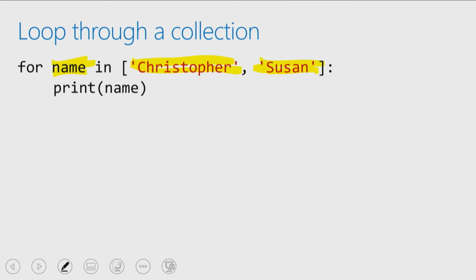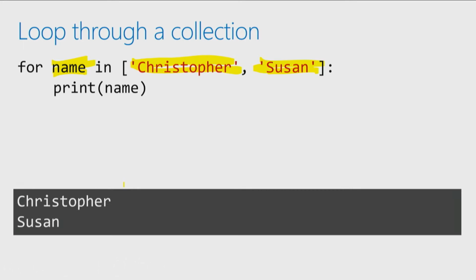That's it. It'll just automatically go through that list for us, and each time it finds a new value, it'll put it inside of name, and then I can do whatever it is that I might want with it. Keeping with all of our examples, we'll just print it out to the screen. And so there is my names of Christopher and Susan.